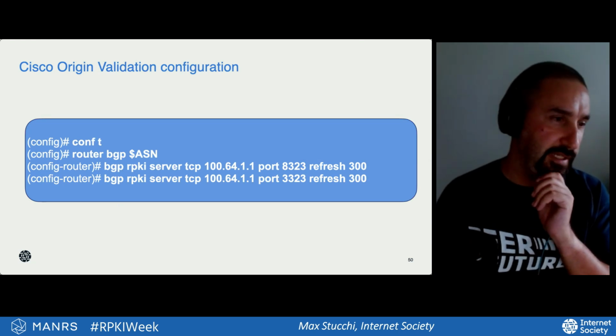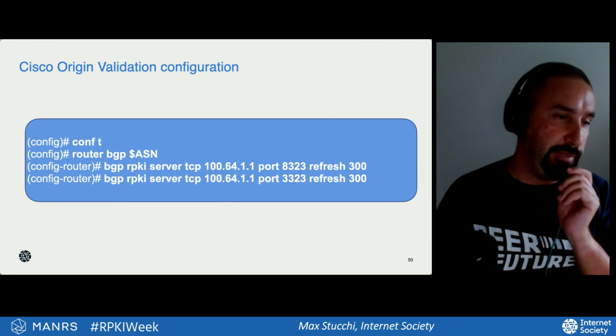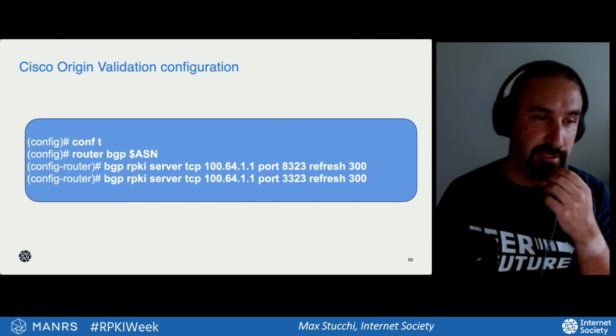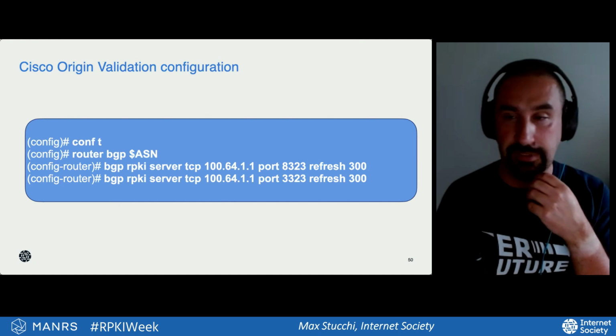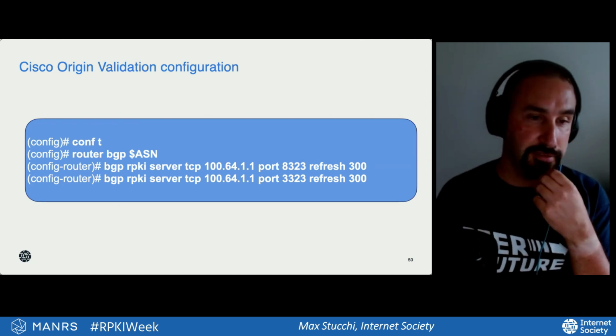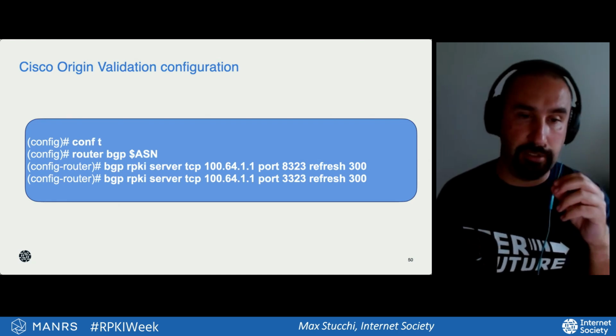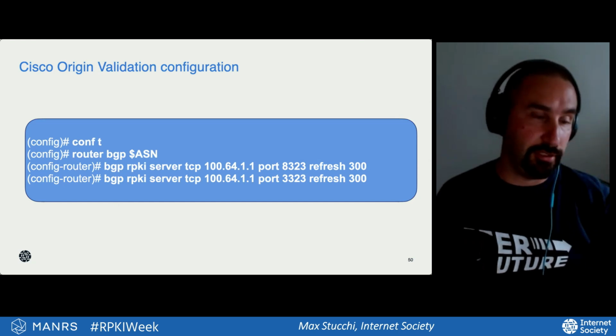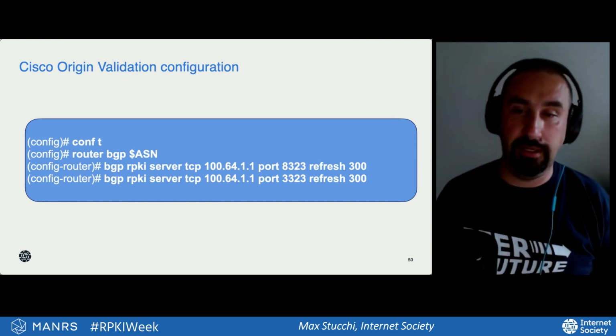We go with conf t, router bgp with the AS number, and then the first thing we need to do is set up the address for the validators. We need to tell our router to pick the information from that series of validators.